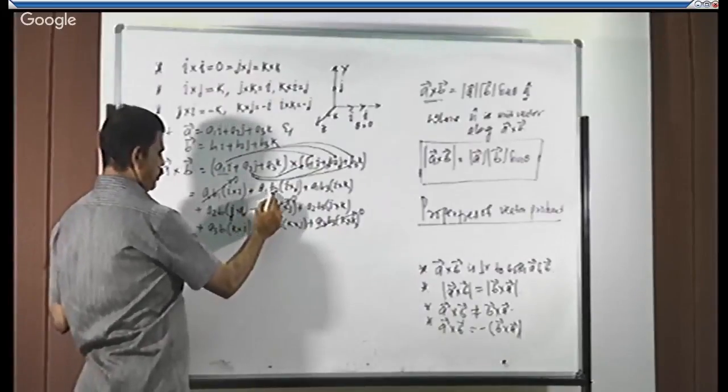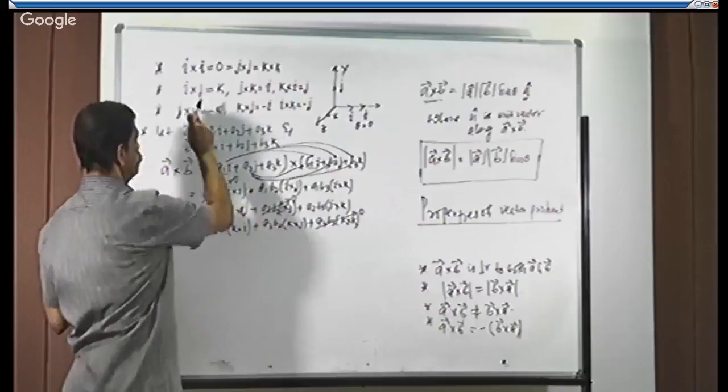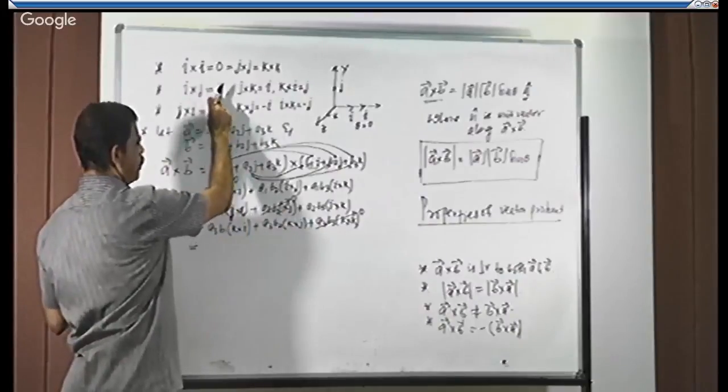Next, A1 B2 I cross J. What is I cross J? It is K only.